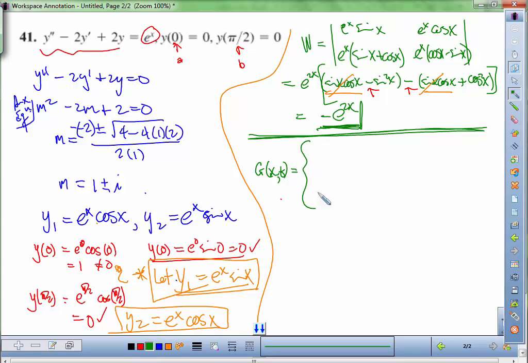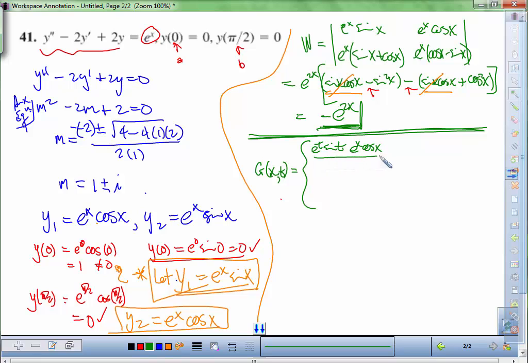Green's function is going to come in a couple of pieces. The first piece is going to be y1 evaluated at t, so it's a function of x and t. y1 evaluated at t, so e to the t sine t, times y2 evaluated at x, e to the x cosine x.